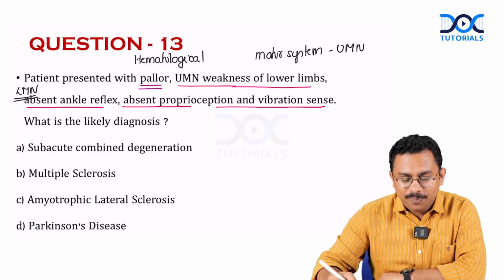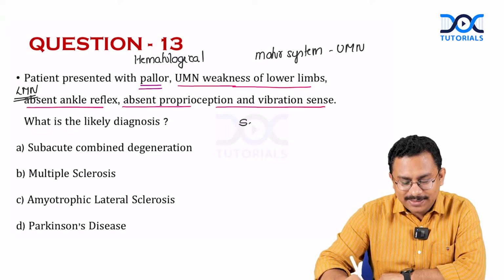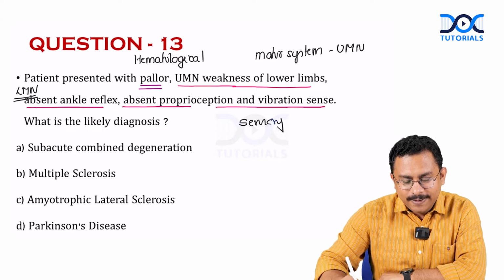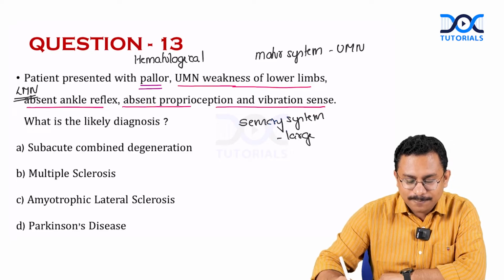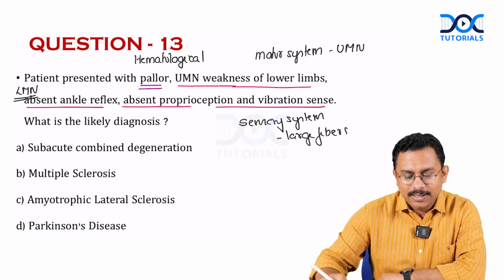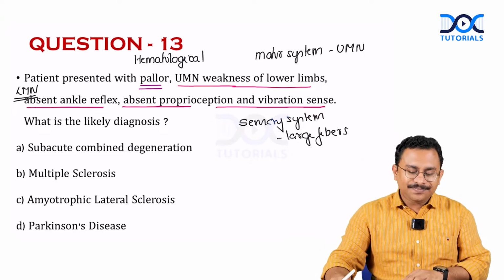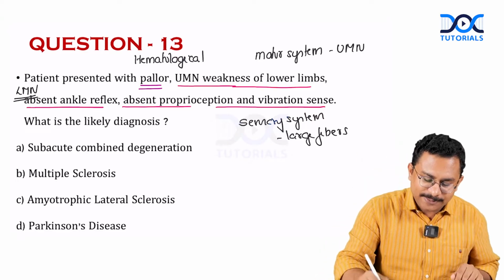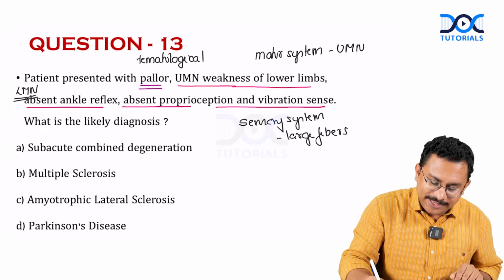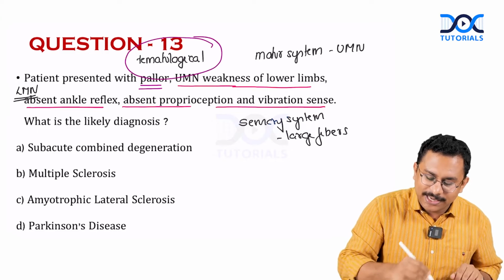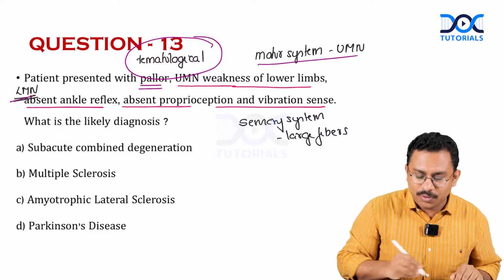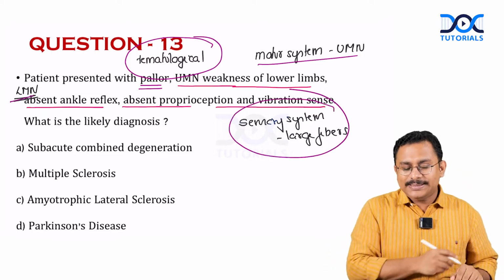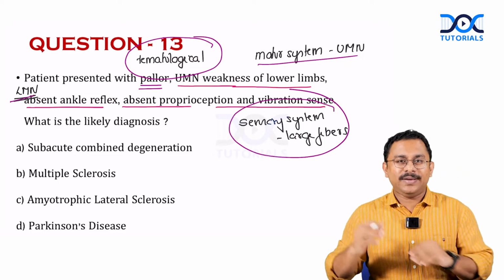Absent proprioception and vibration tells me that the sensory system is involved, as these are carried by large fibers which go through the dorsal column. Now, which condition has hematological involvement, motor system involvement of both upper and lower motor neurons, and sensory involvement of the large fibers?